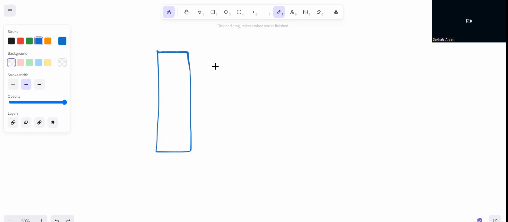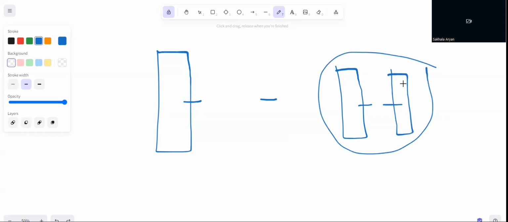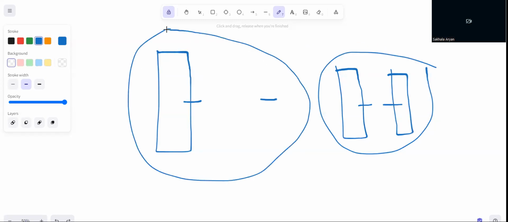So when you try to compare the mean between a group and a particular value, or the mean between two particular groups, this is what t-test is. So in this scenario, we are comparing mean between two groups. In this particular scenario, we are comparing mean with a value. Let's start.